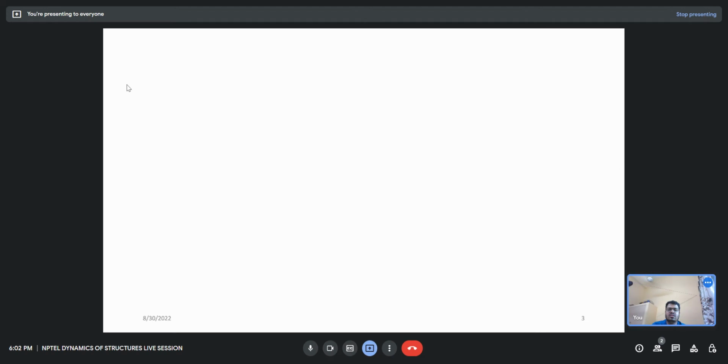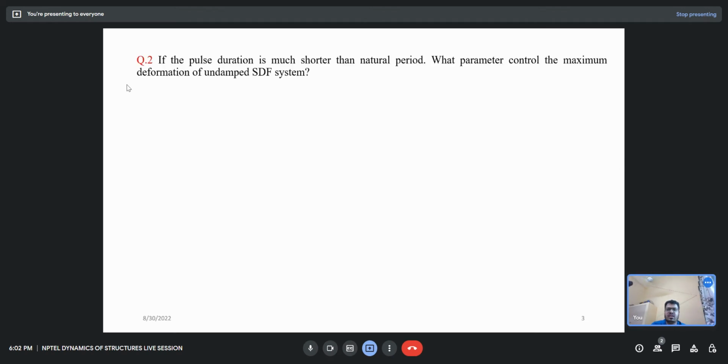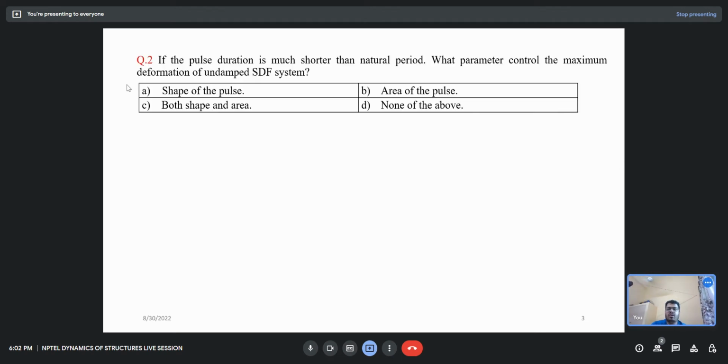Now we are moving to another question, related to different impulses, like a triangle impulse, or a rectangle impulse, or a sine impulse. Let us say the pulse duration is td, and td is much shorter than the natural period tn for both the cases.